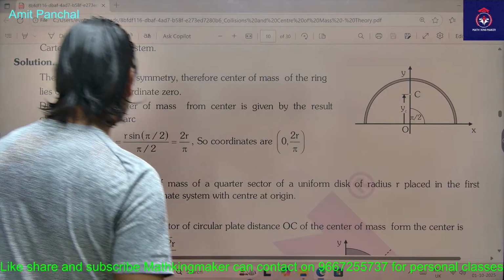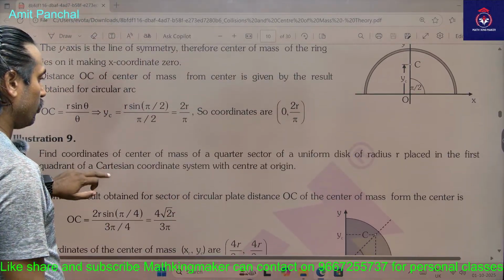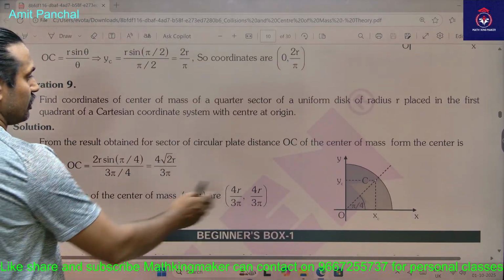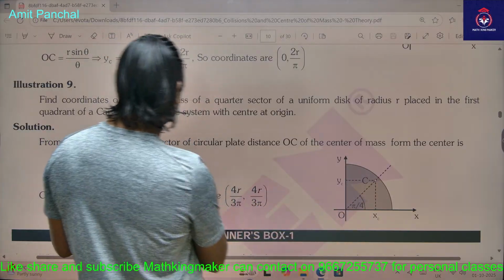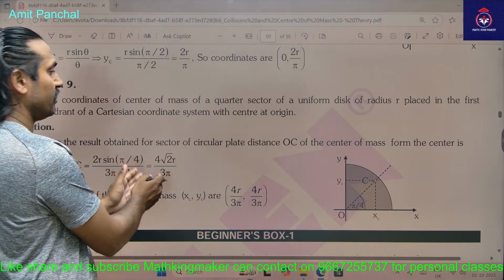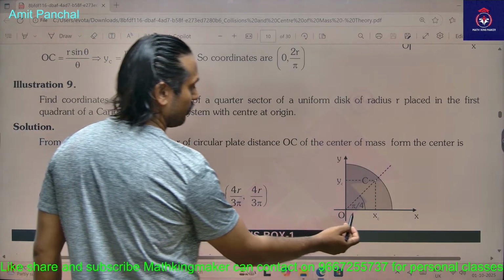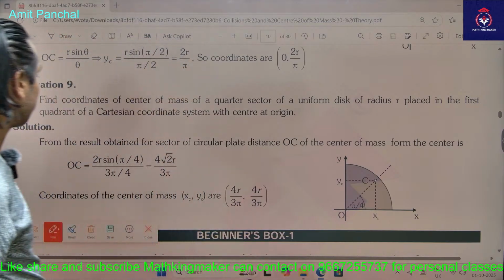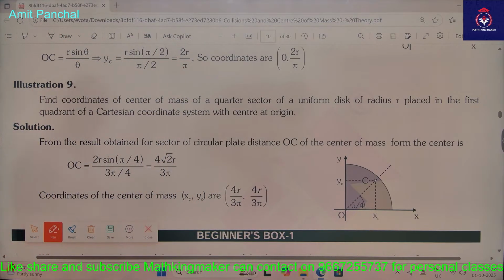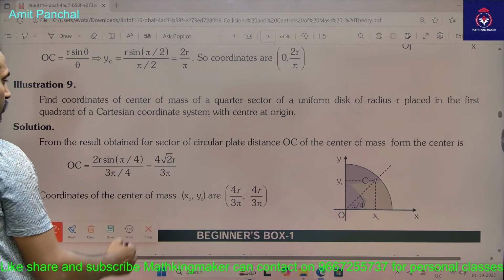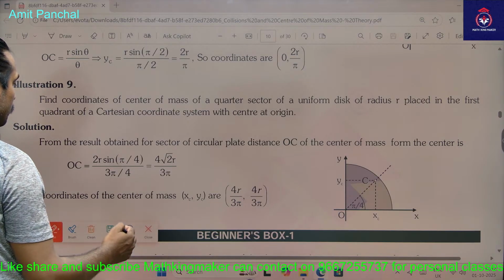See, OC is given as 4 root 2 r divided by 3 pi. Now apply the same thing. I got it as 2r into 1 by root 2 divided by 3 by 4 pi.